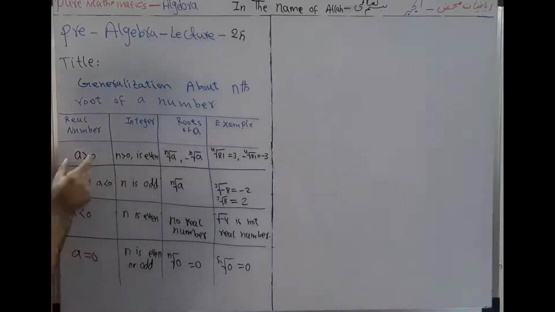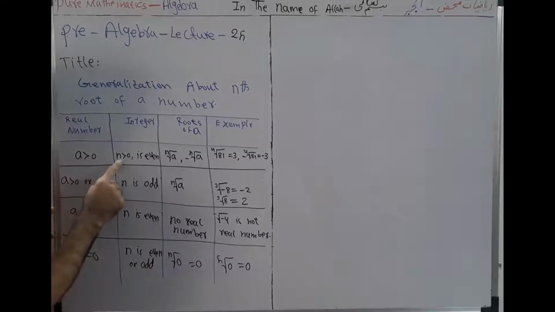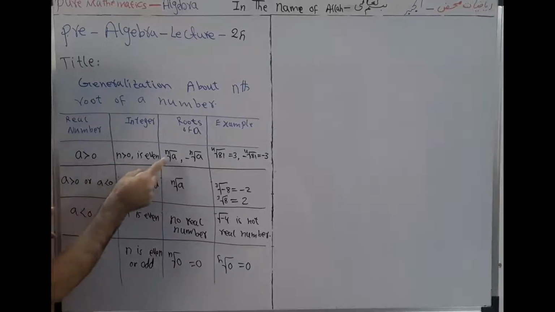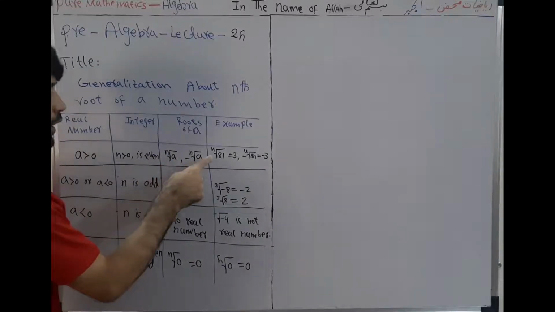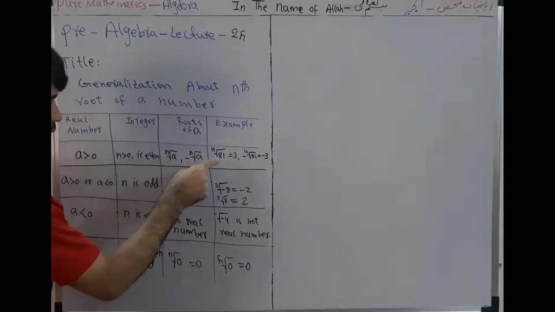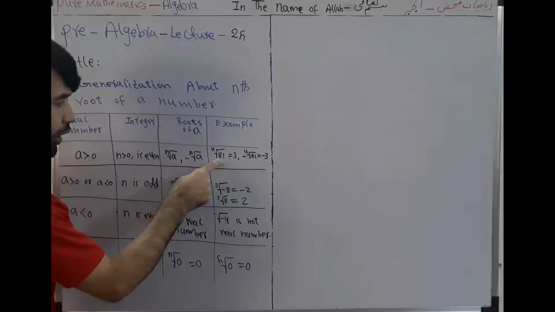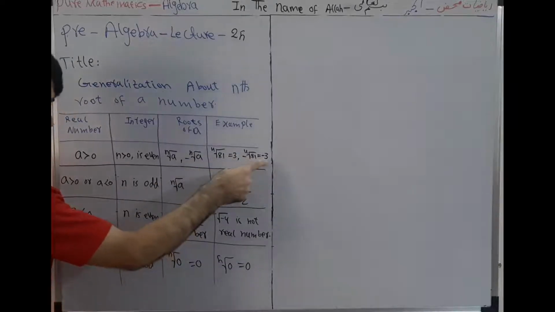Example: if a is greater than 0, it is positive, and n is an even integer, then the n-th root of a and minus the n-th root of a both exist, they are real numbers. The fourth root of 81 is equal to 3, and minus the fourth root of 81 is equal to minus 3.